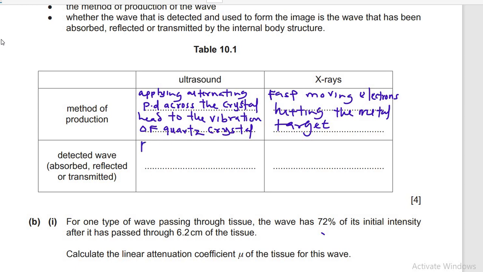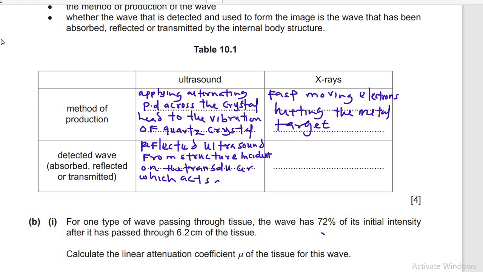How are they detected? Reflected ultrasound from the structure is incident on the transducer, which acts as the detector.